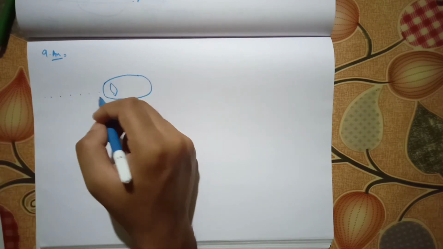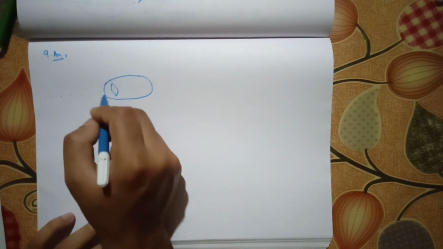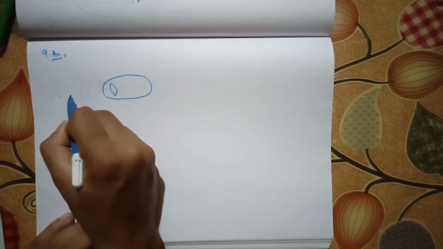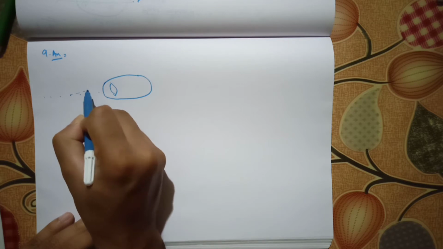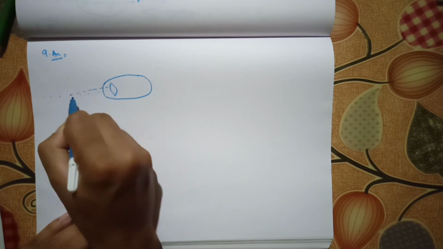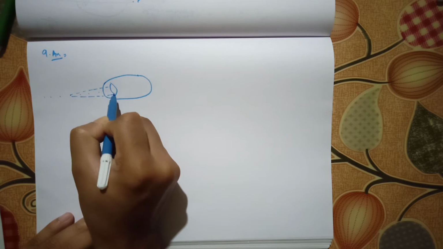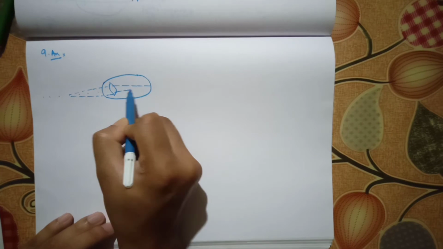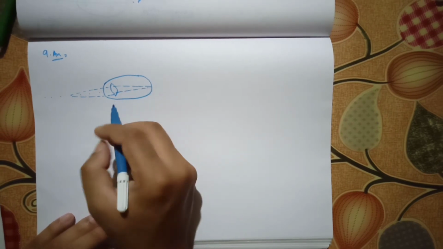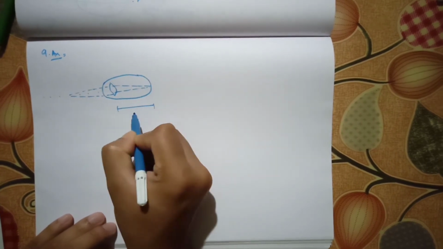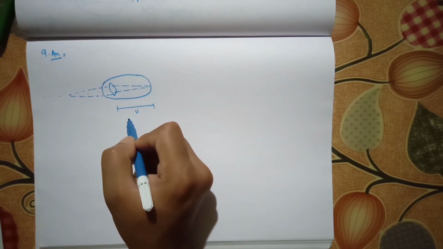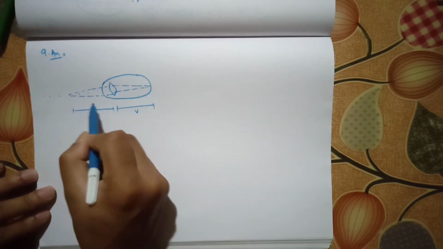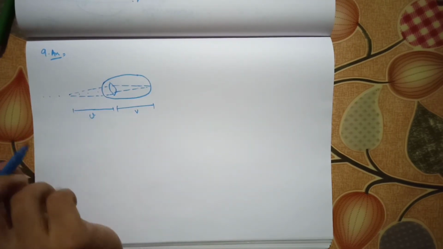The rays will be falling on the eye lens, and the eye lens will form the image on the retina. So this is the image distance, which is represented by V, and this is the object distance, which is represented by U.